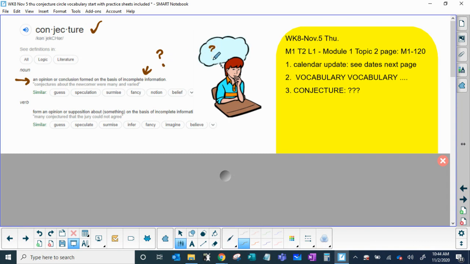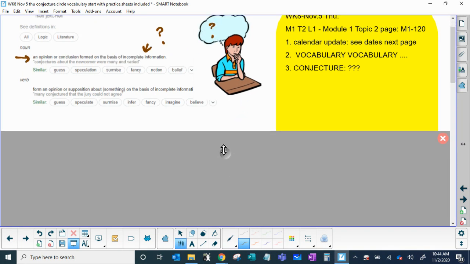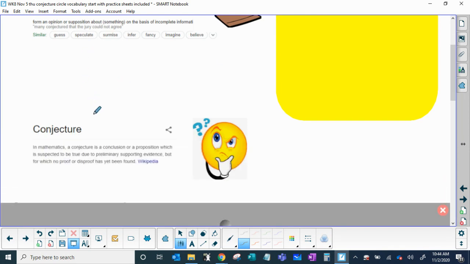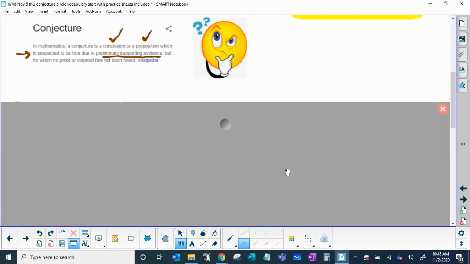We have to think about it. Then we went one step further. In mathematics, a conjecture is a conclusion, a proposition, which is suspected to be true based on preliminary supporting evidence.